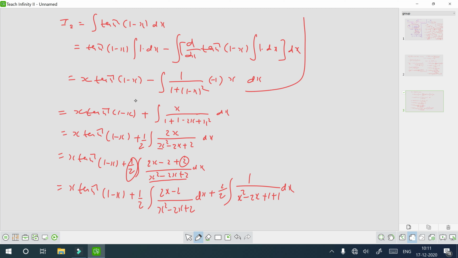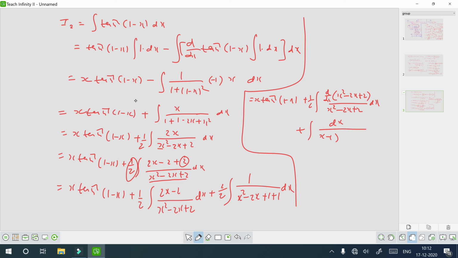So that is equal to x tan inverse 1 minus x plus 1 by 2 integral of d by dx of x square minus 2x plus 2 over x square minus 2x plus 2 dx plus integral dx over x minus 1 whole square plus 1 square.